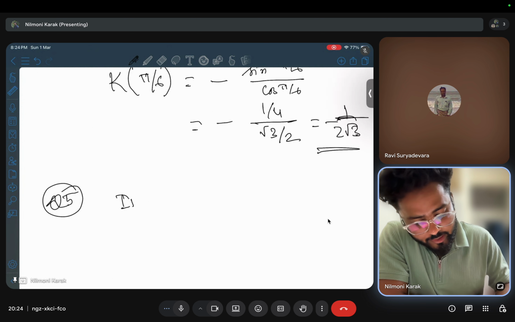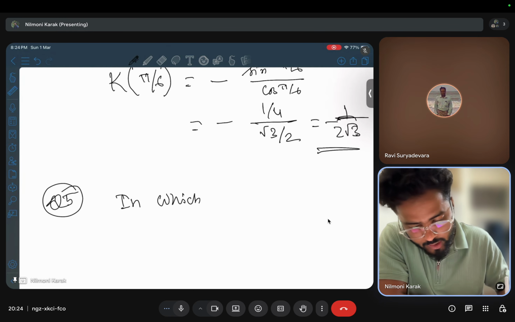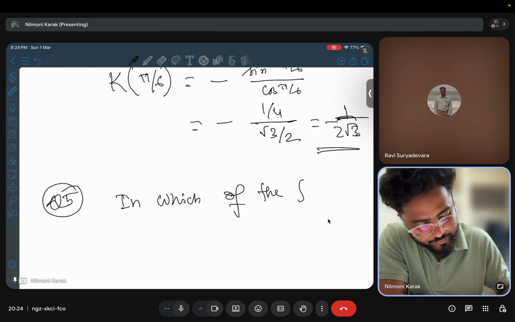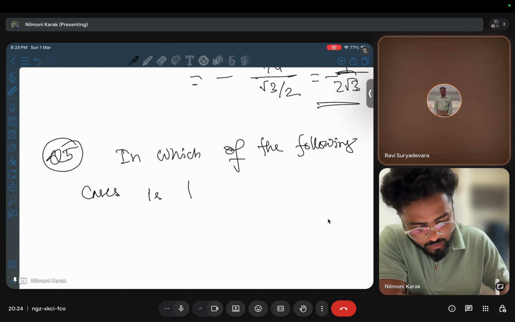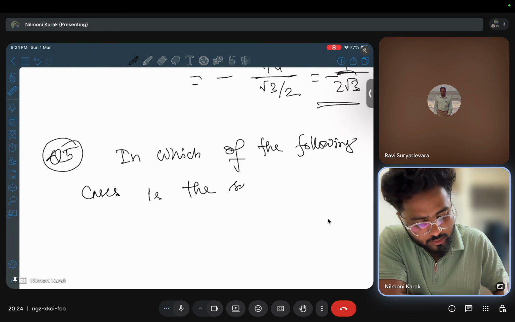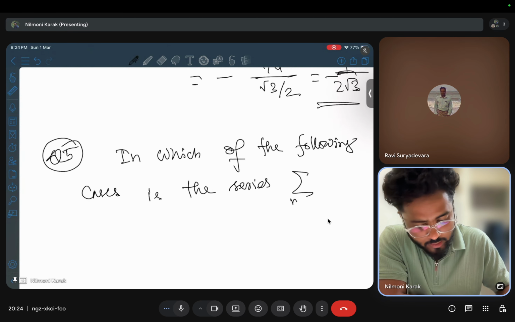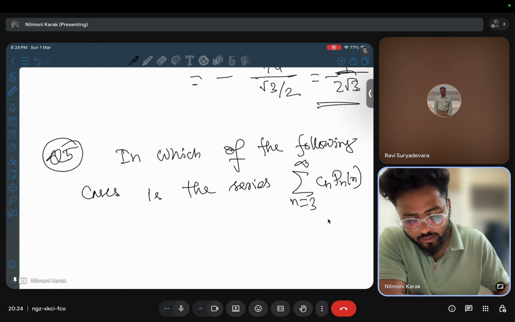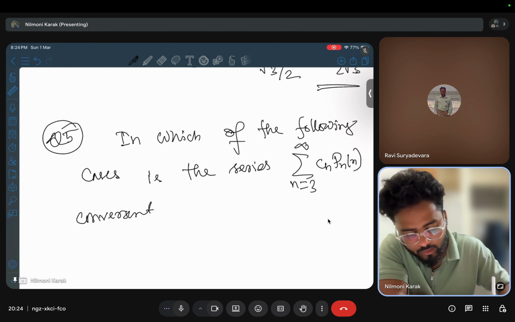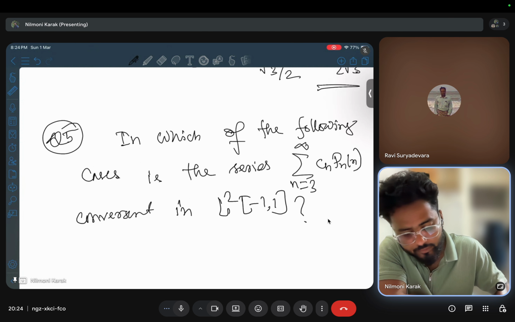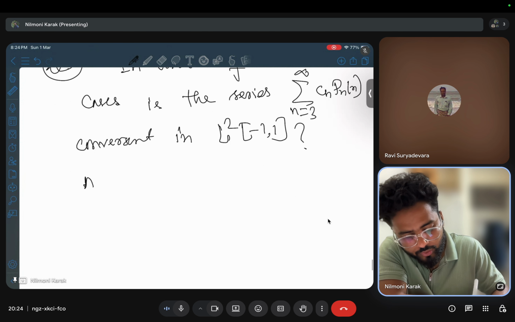Next question: in which of the following cases is the series sum from n equals 3 to infinity of Cn Pn x convergent in L2 of minus 1 to 1?